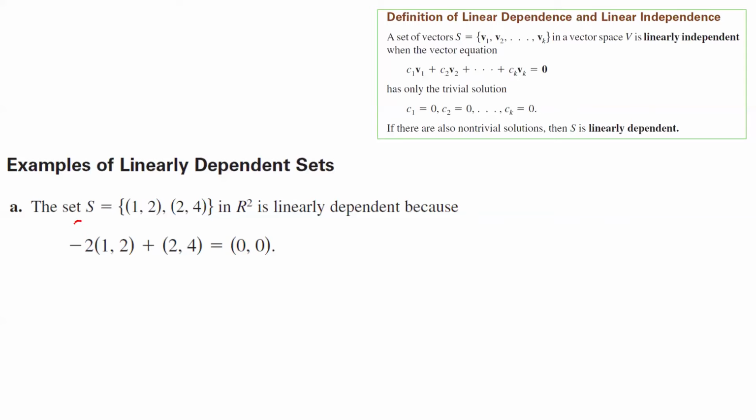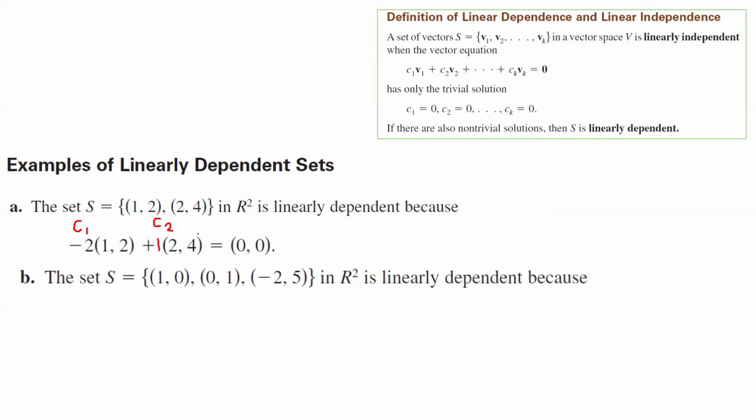So I found C1, which is non-zero, and also this invisible number, C2, which is 1. C1 V1 plus C2 V2 is 0, but C1 and C2 are non-zero. So these two are linearly dependent.